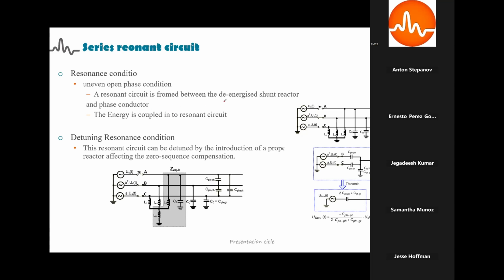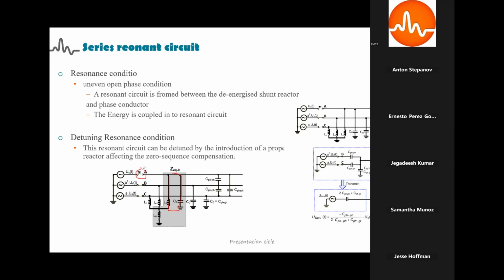The condition for resonance is that any one phase is de-energized from the supply and it has a shunt reactor connected to that phase. So here, if you see, this L phase forms a resonance circuit. It has been opened here.